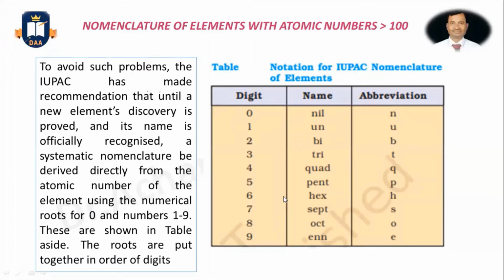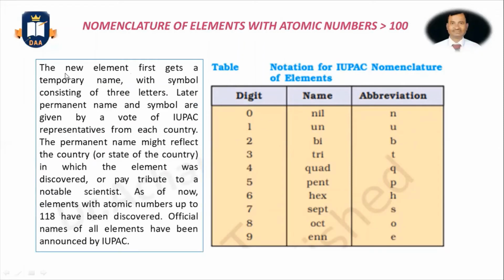And in this table, you can see that digit 0 has the name NIL, nil, and abbreviation is N. And in that way, digit 1 is UN, and the abbreviation is U in small letters. The roots are put together in order of digits. So in order of digits, the naming and abbreviation will be put as per the recommendation of IUPAC.